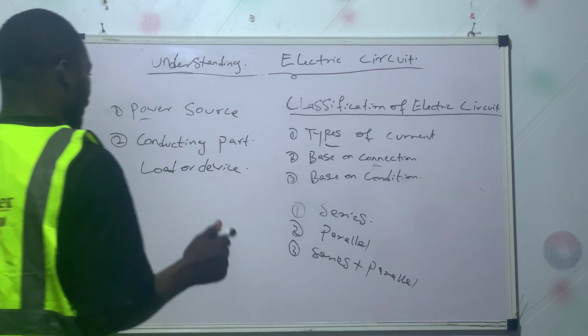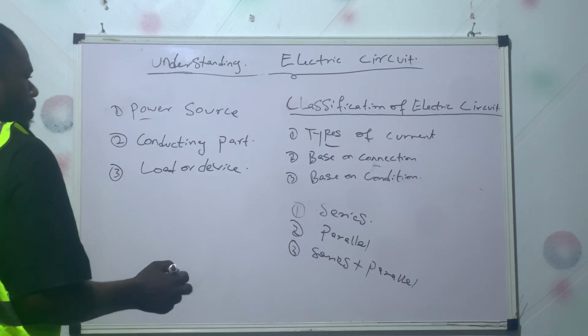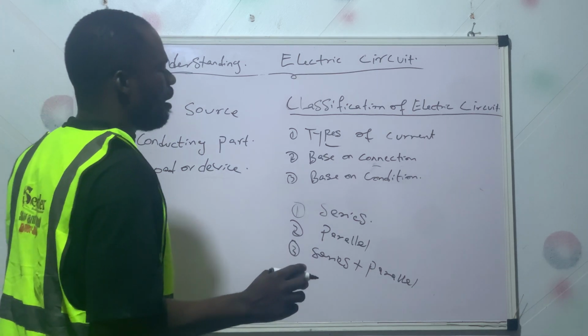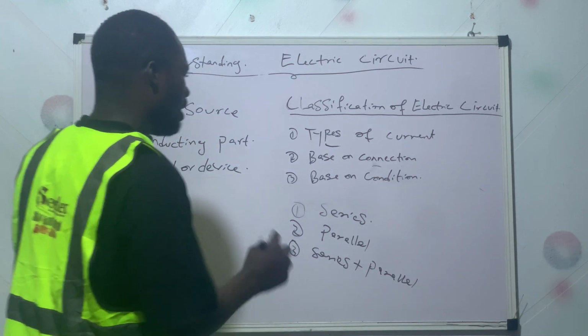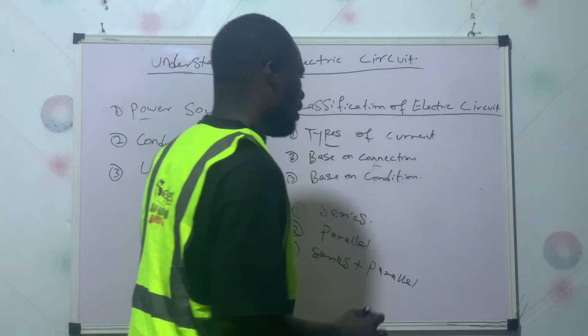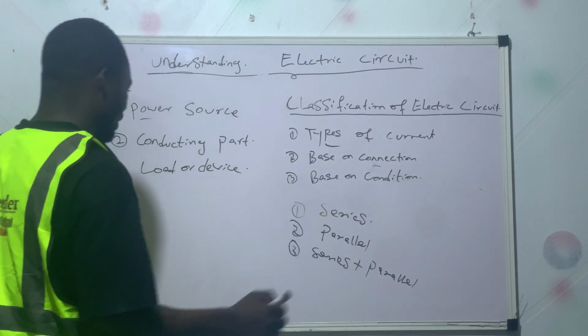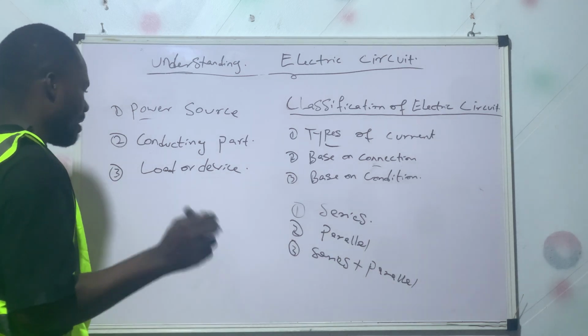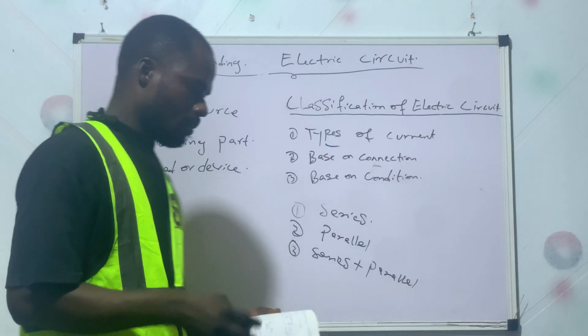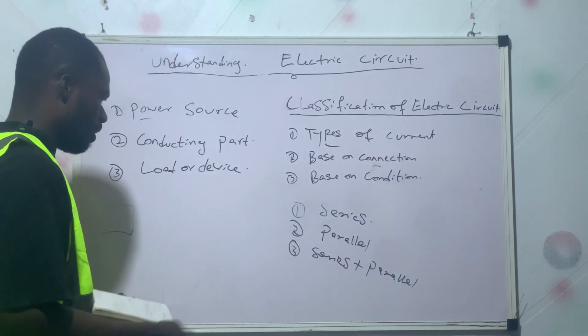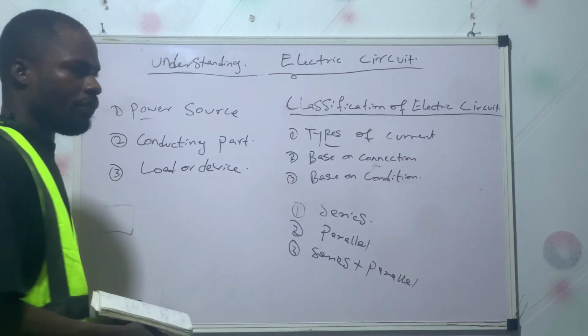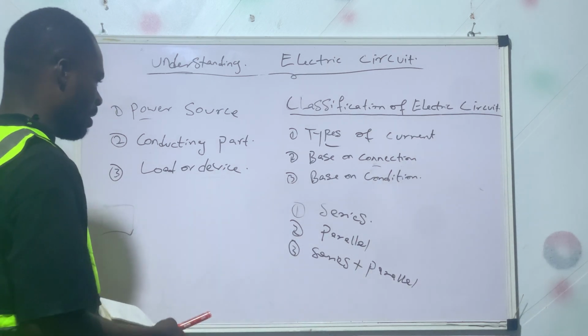Especially in inverter installation, when you are using a series connection, your voltage tends to add up while your current remains the same. Let's look at that in a practical example. So like we said, series connection tends to add up your voltage while your current remains the same.